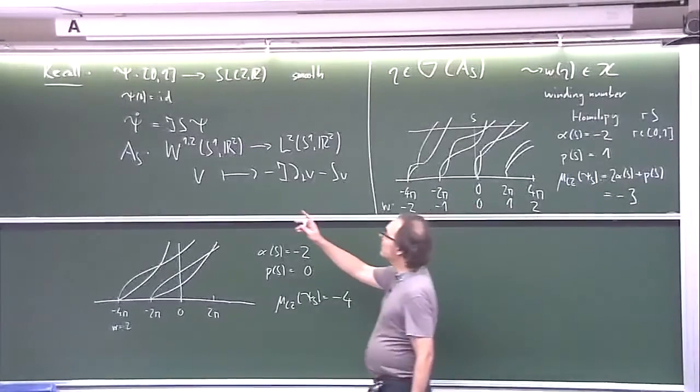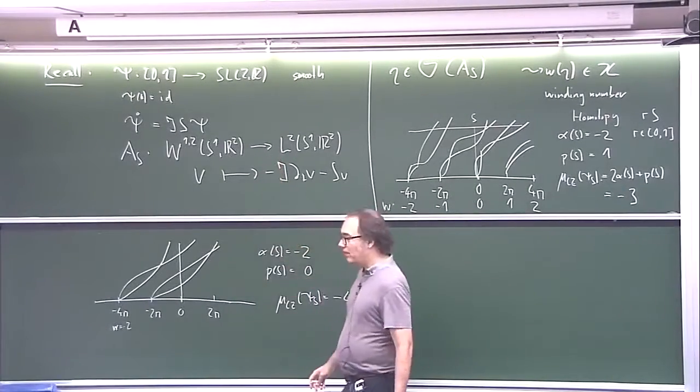now we can associate the Conley-Zehnder index to a path of symplectic matrices.